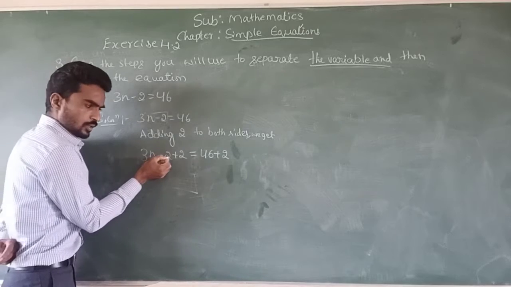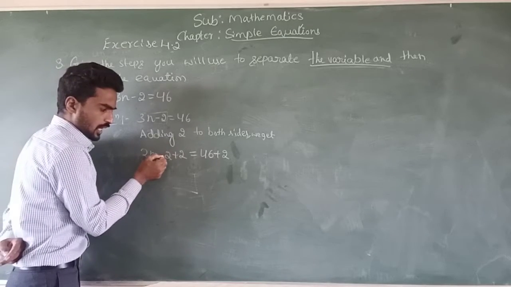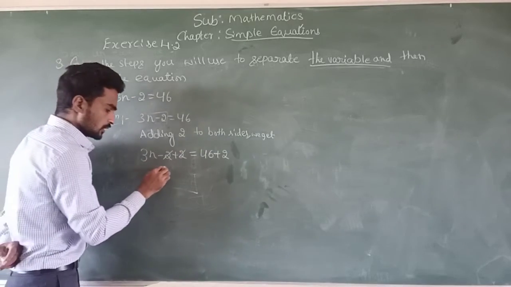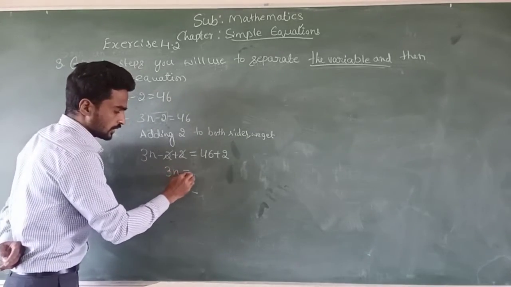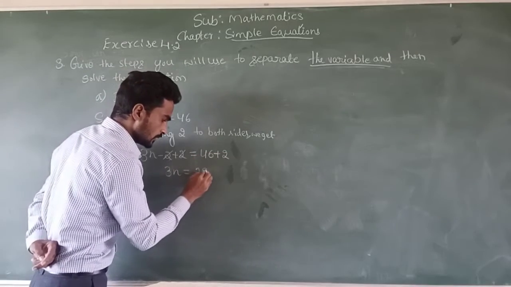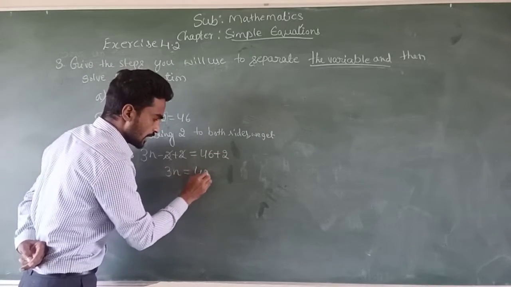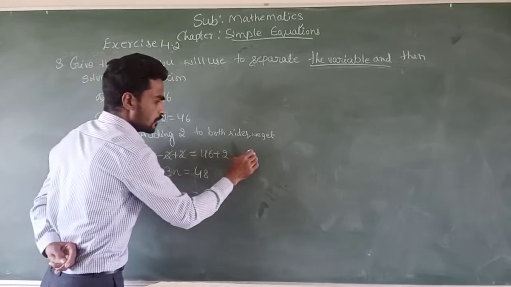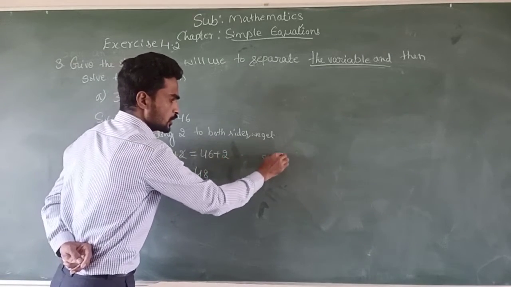Here observe both are the same numbers but having different signs, so these two will be cancelled. Then the remaining term is 3n, which is equal to 46 plus 2, 48. This is step 1.